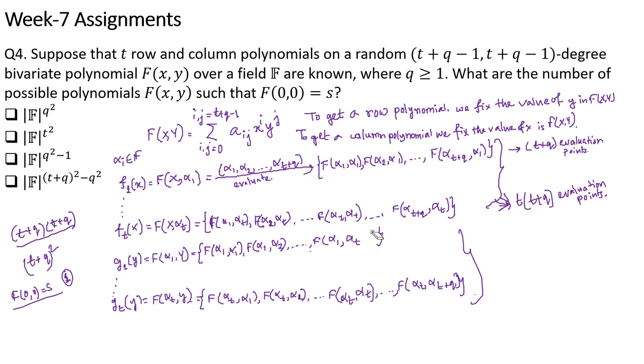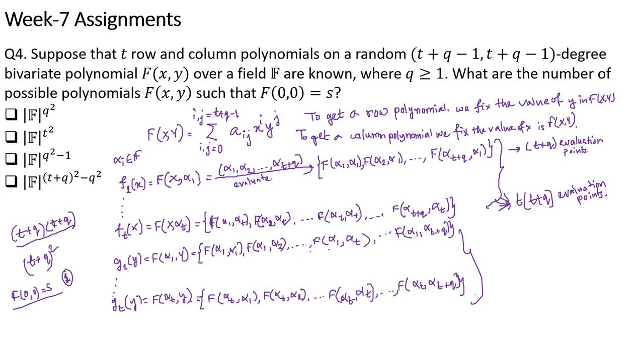So if we rewrite this, this is alpha 1 comma alpha t, right? It goes till alpha 1 comma alpha t plus q.